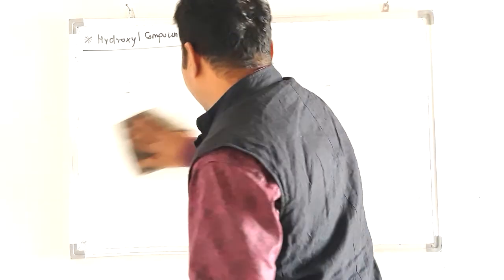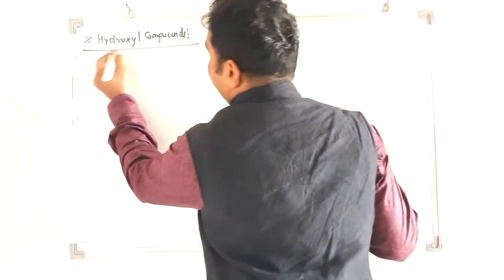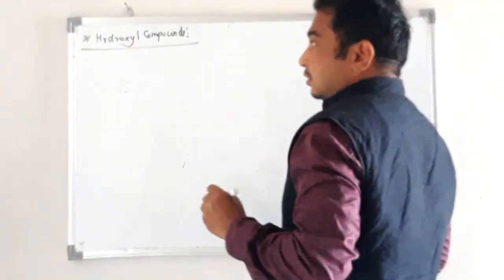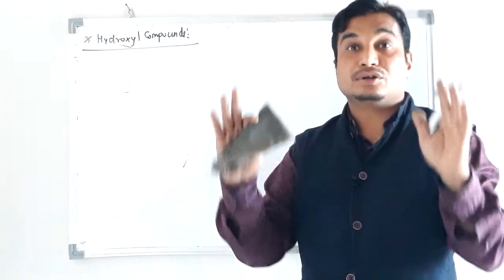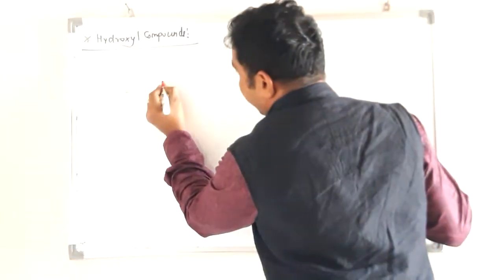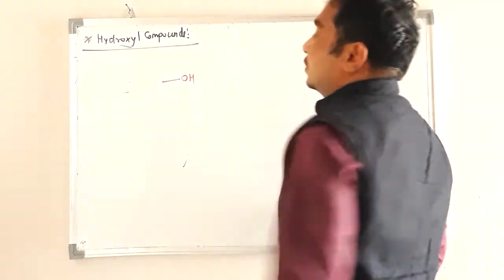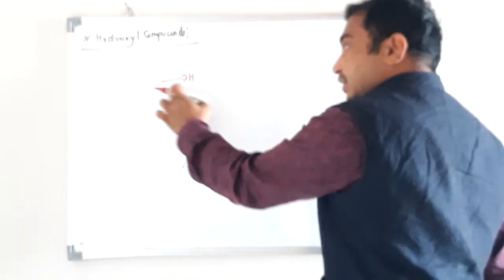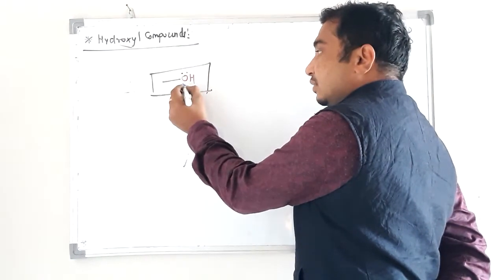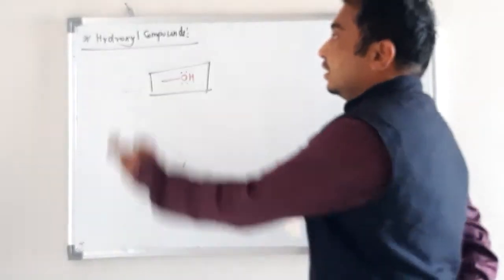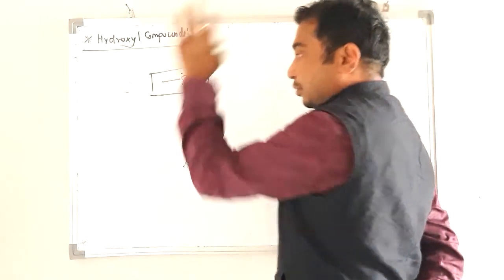Remember, what is a hydroxyl compound? Those organic compounds which contain the hydroxyl group, represented by bond OH. If this functional group, bond OH, is present in the organic compound, then that organic compound is known as a hydroxyl compound.